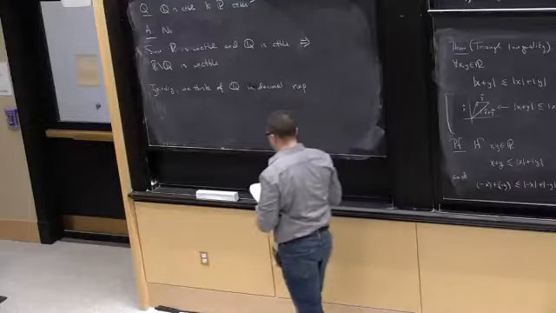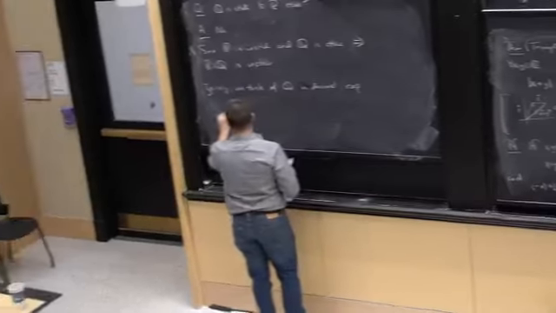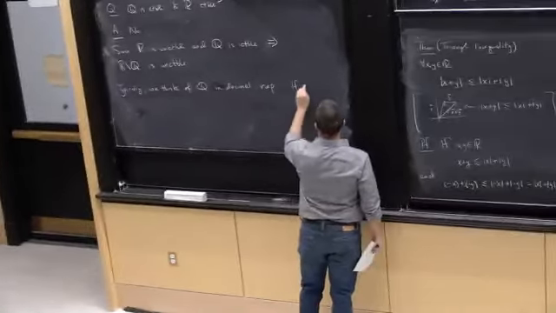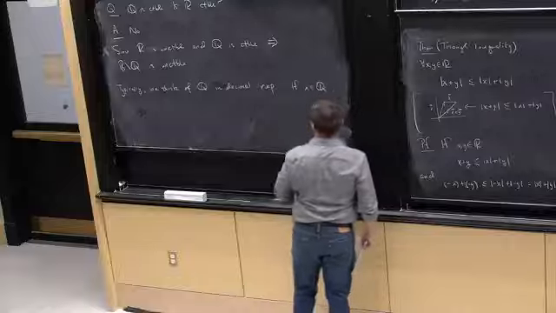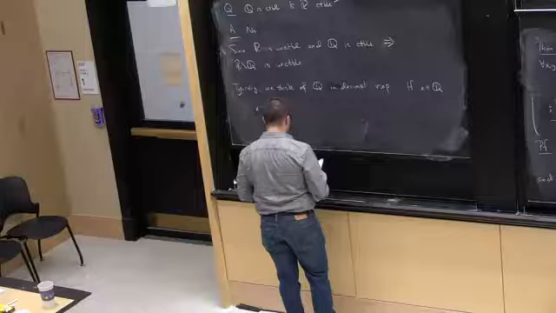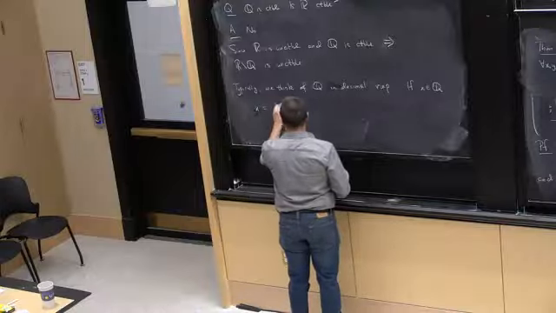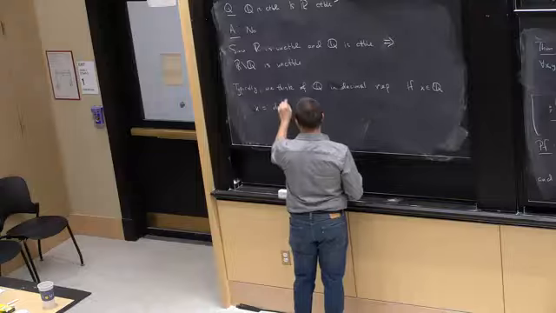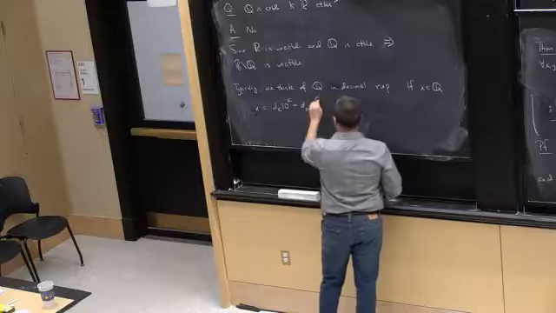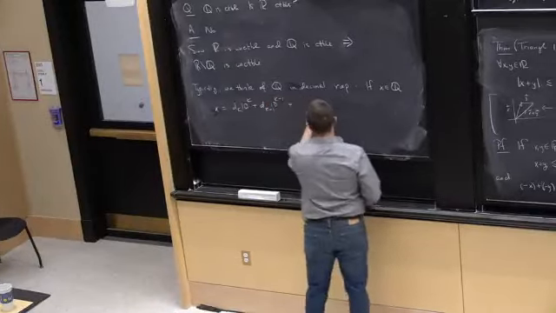What does that mean? That means if x is in Q, then we'll write x as some digit times 10 to the k plus d_{k-1} times 10 to the k minus 1, plus and so on down to d_0.